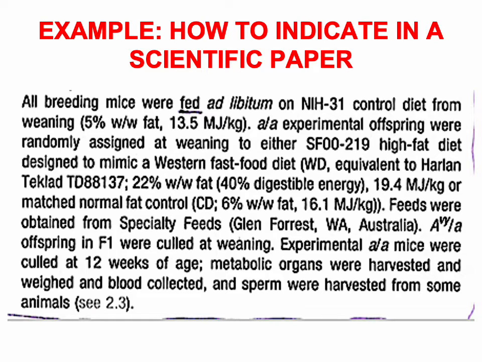You see that it's given the main characteristics like 5% weight per weight fat, 13.5 megajoule per kilogram energy, or you can give a reference diet here, which can be found on the internet, etc. It is extremely important not only in scientific papers, but also when you are submitting a paper for ethical allowances.